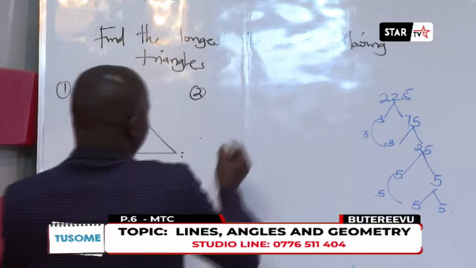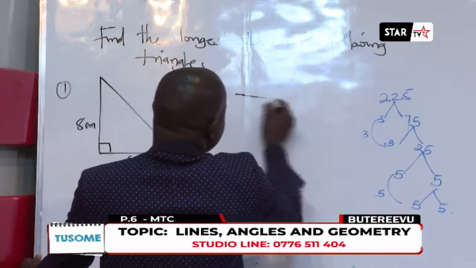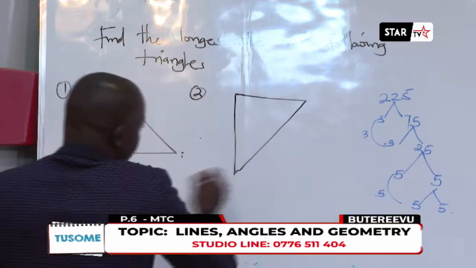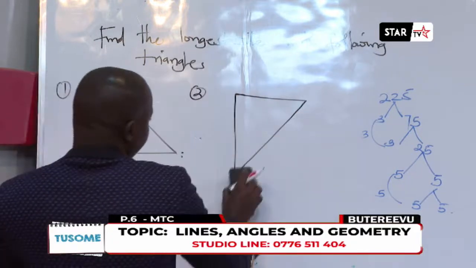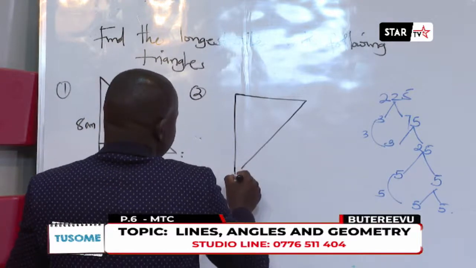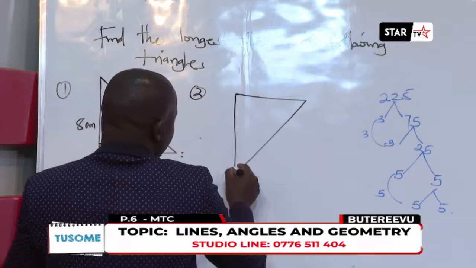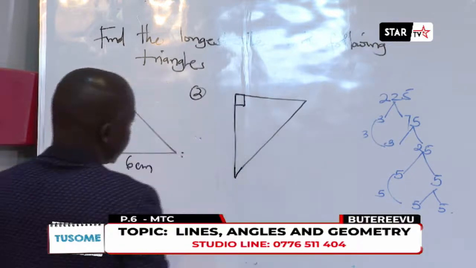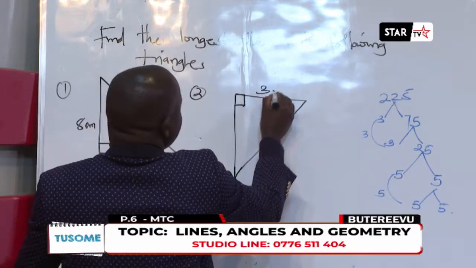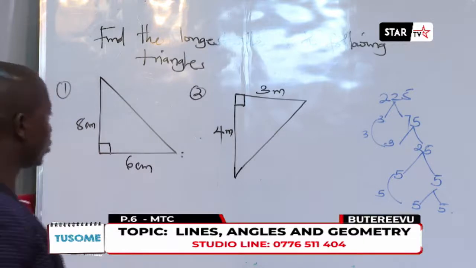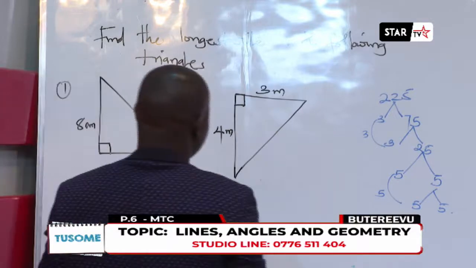Triangle 2 is here. I've said it can be drawn in any form. This has been drawn in that form. You need to know how you find the hypotenuse on this. Let me say 3 meters, and we have 4 meters there. We need to get the hypotenuse on triangle 2.